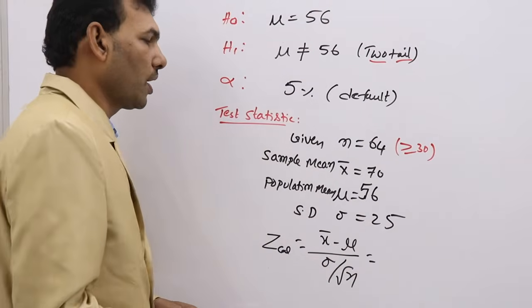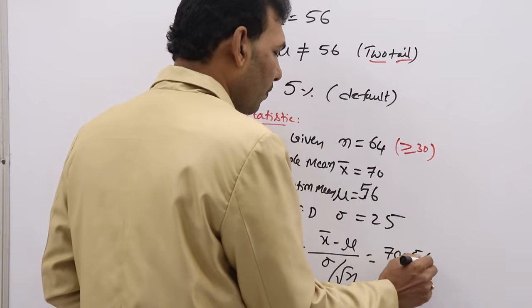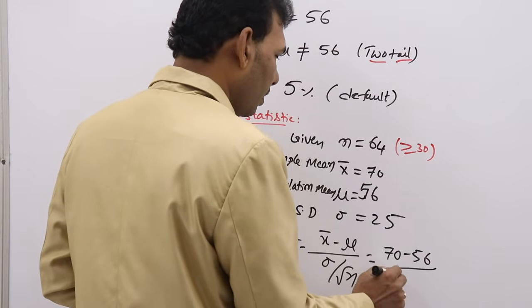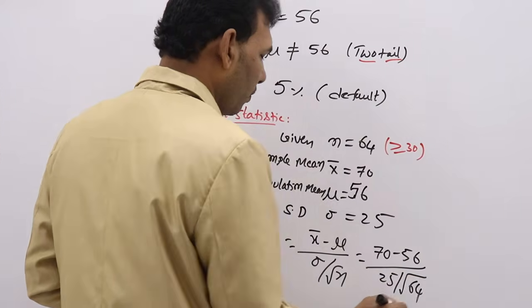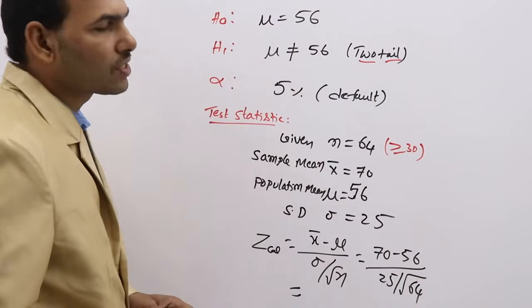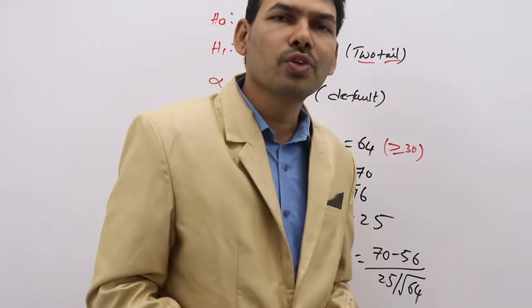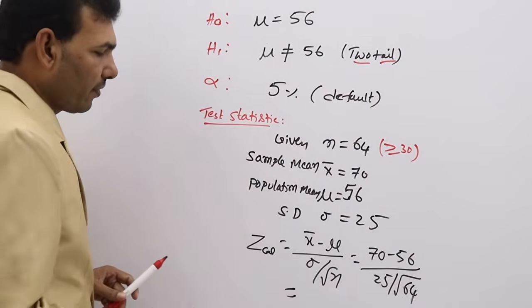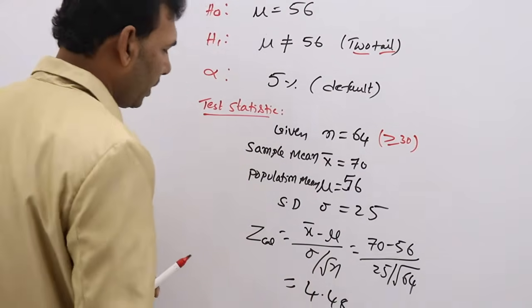What is X bar? 70 minus 56 by 25 by root 64. If you calculate this value, we call that the calculated value. Use calc to get the calculated value. Here the calculated value is 4.48.